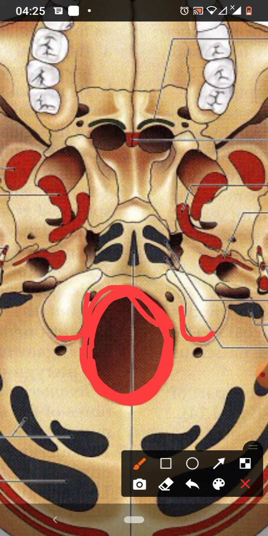You know that the medial surface of the occipital condyle is rough, and the occipital condyles give attachment to a ligament, which is the alar ligament. And next we have the ligamentum nuchae. The ligamentum nuchae is attached to the external occipital protuberance.